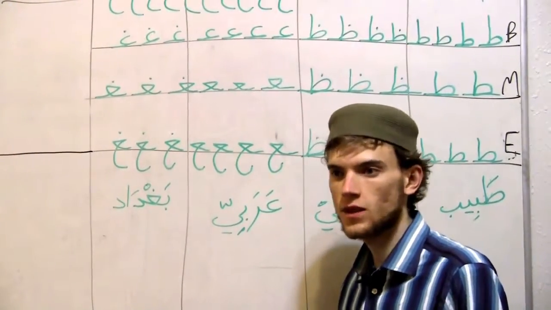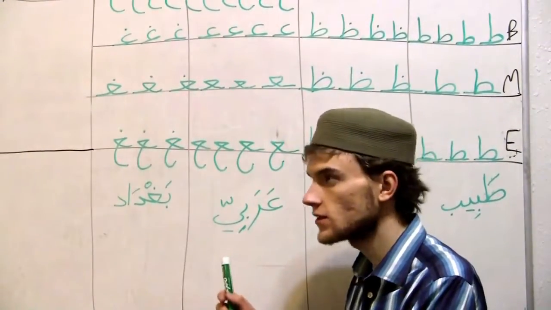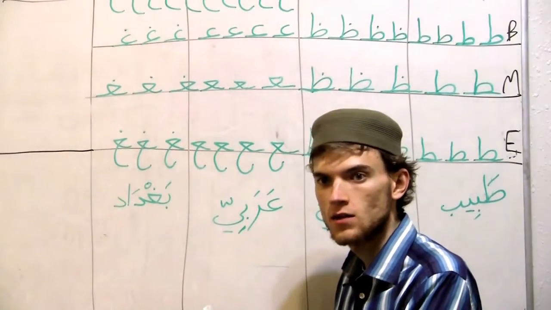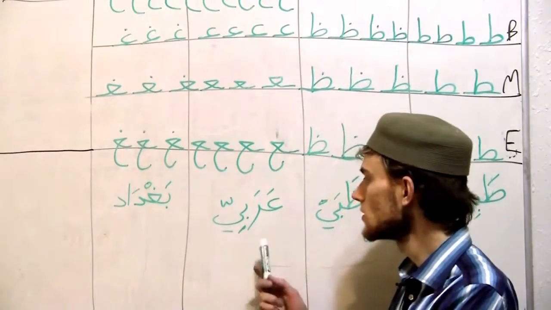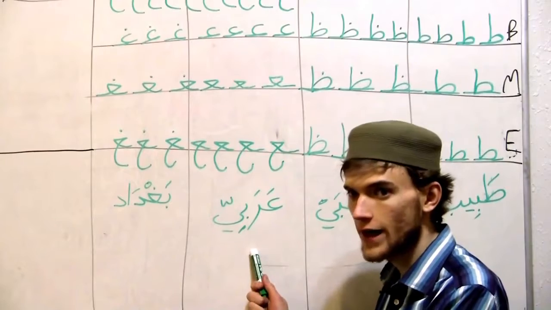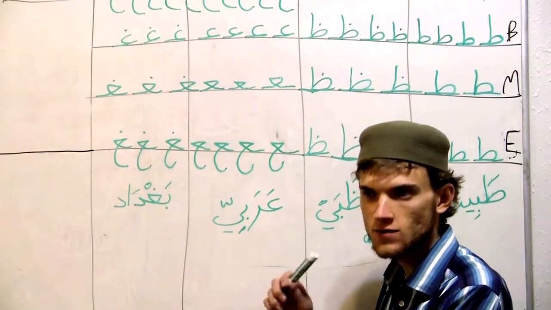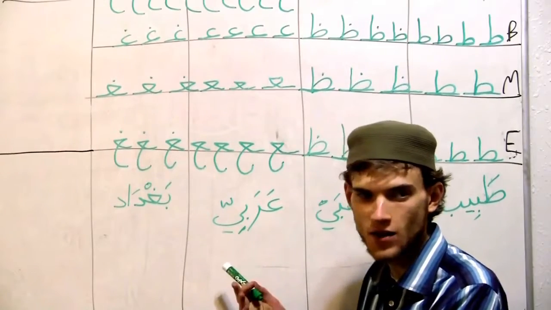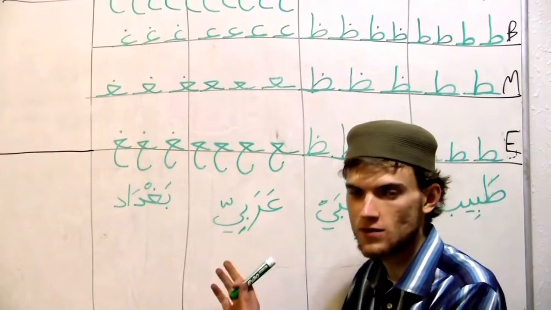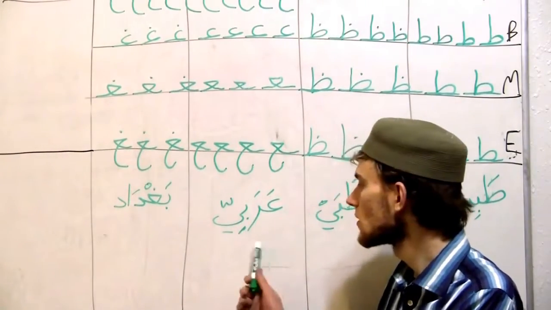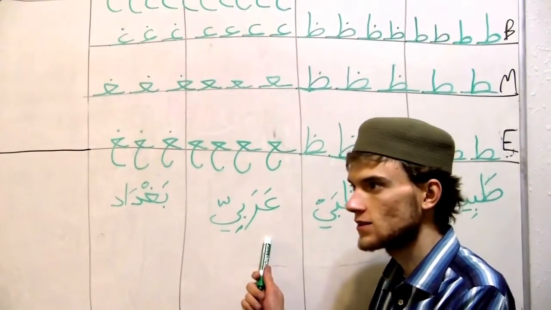Okay, so two examples, one for the ayn, one for the ghayn. First of all, this is an Arab man. Arab. It's close to the word for the language Arabic, but there are a few more things we have to learn before we get to that word. How do we say this?